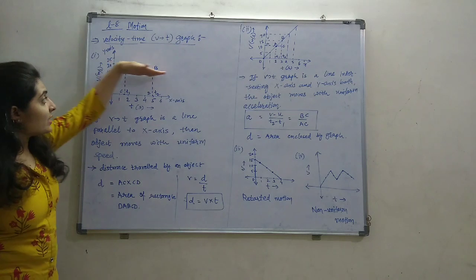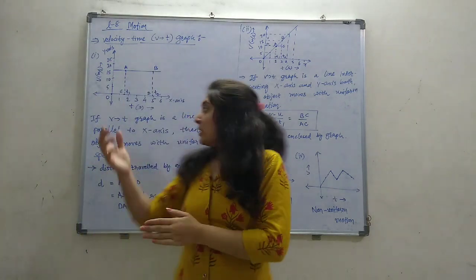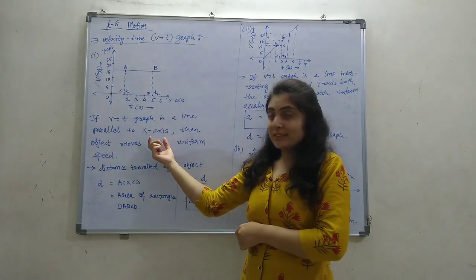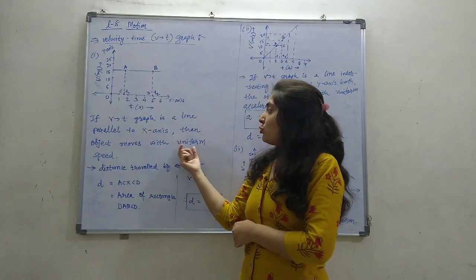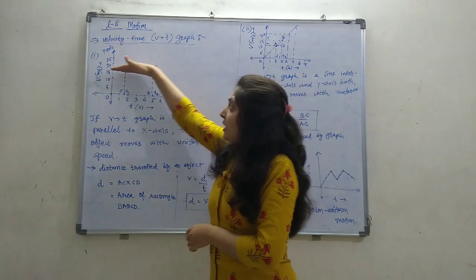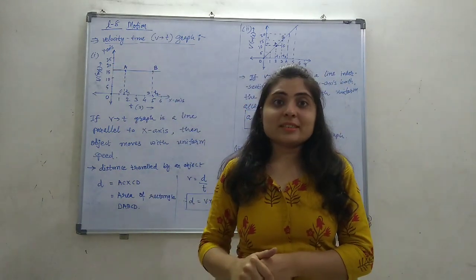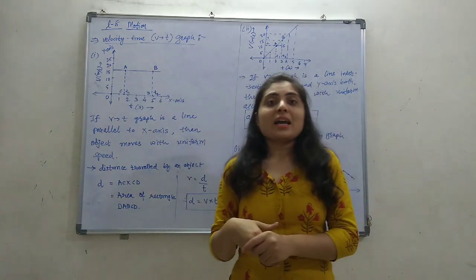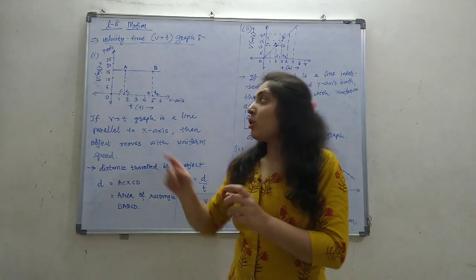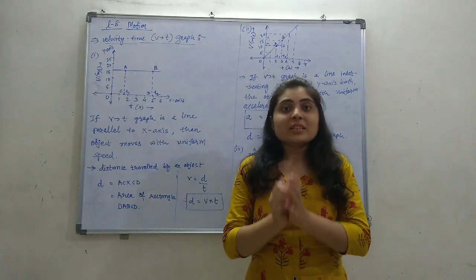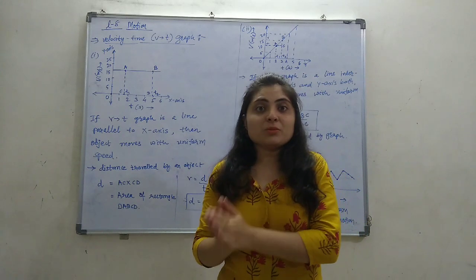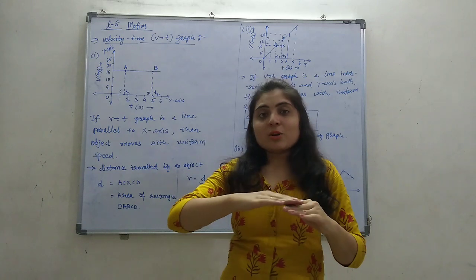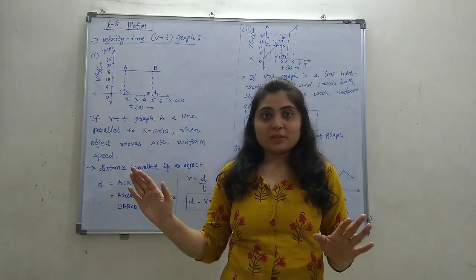This means that if the v versus t graph is a line parallel to the x-axis, then the object moves with uniform speed. The speed is constant, and the object will travel with constant speed.